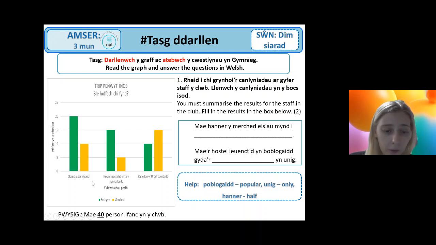Bechgyn is in gwyrdd, boys is in green, merched is in melon, yellow, okay? And they've had 3 choices where to go. Glampio ger y traeth, glamping by the beach. Hostel ieuenctid, a youth hostel by the mountains, and Canolfan Earth, so the Earth Centre.